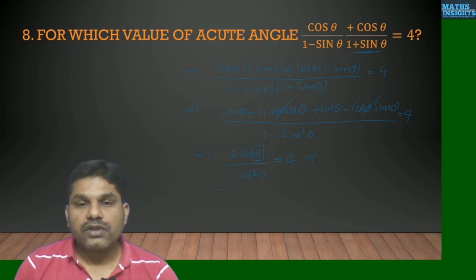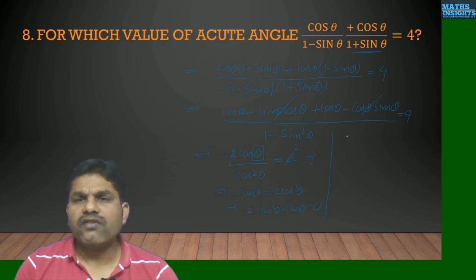But you can cancel these numbers: 2 ones are 2, 2 twos are 4. Therefore cos theta equals 2 into cos square theta. That implies 2 cos square theta minus cos theta equals 0.